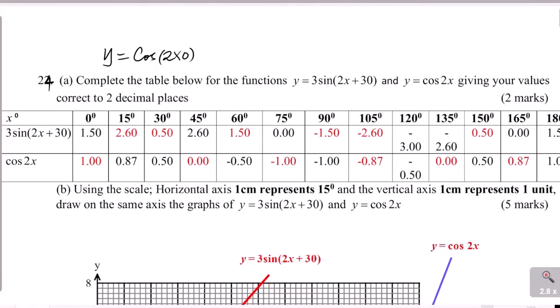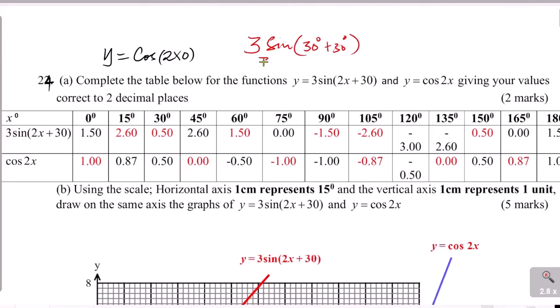Then for 15 degrees, how do you get this value, for example? So this is what you're supposed to key in your calculator. You're supposed to key in 3 sine, you just write the way it is, then put the brackets, then 2 times x, 2x, so x is 15 degrees, so 2 times 15 degrees will be 30 degrees plus 30 degrees.